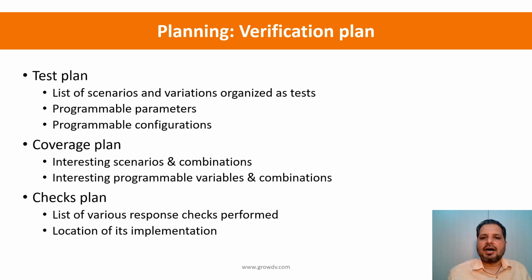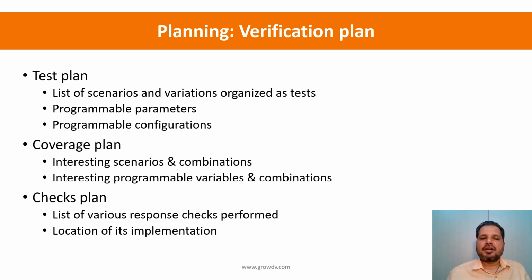what are these plans. So in the test plan, predominantly we focus on the list of scenarios that we need to create, and any test specific checks that need to be implemented have to be included as a part of the test plan. And for the constraint random verification, along with the scenarios, we need to list the programmable parameters, right?